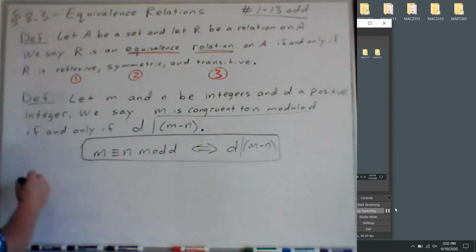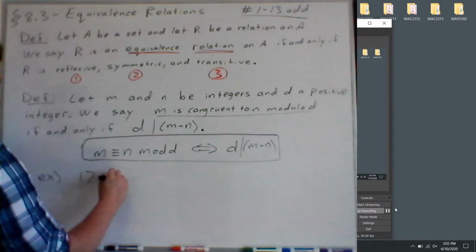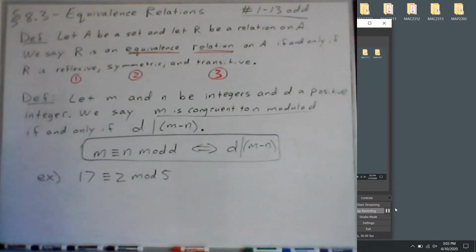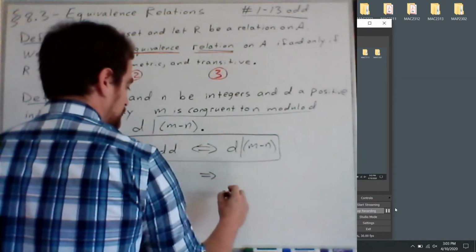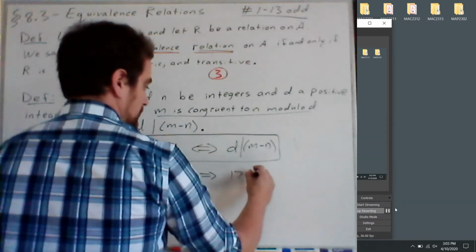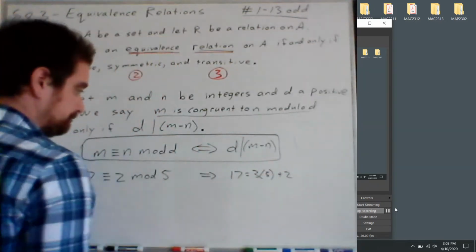Quick example of that would be, let's take 17, which is congruent to 2 mod 5. And that's because if we look at the number 17, it's equal to 3 times 5 plus 2.